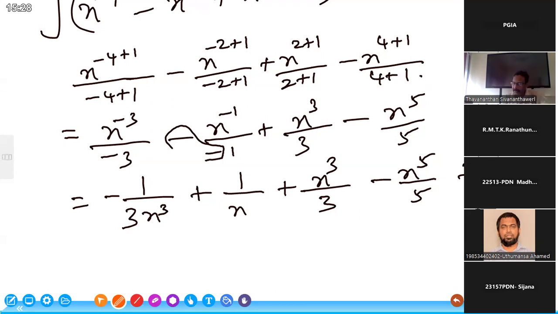Any questions? Any questions? Excuse me sir, in the equation, after simplifying that, can't we simplify within the bracket? But pluses and minuses are there. So can't we simplify them? Yeah, you can. Which one? Pluses and minuses.